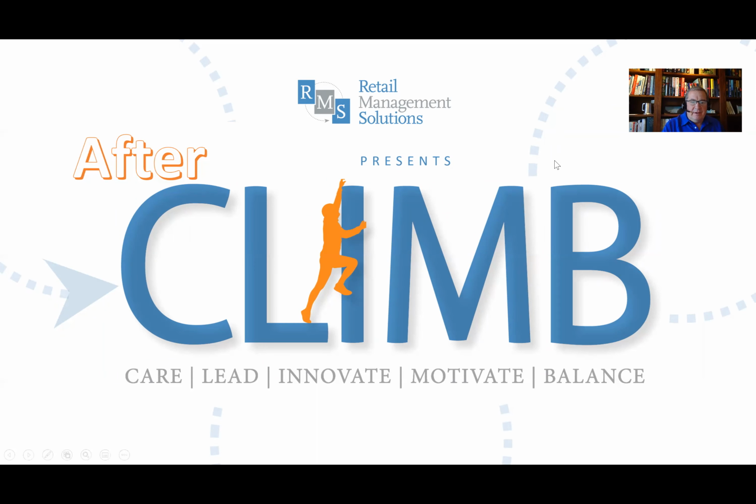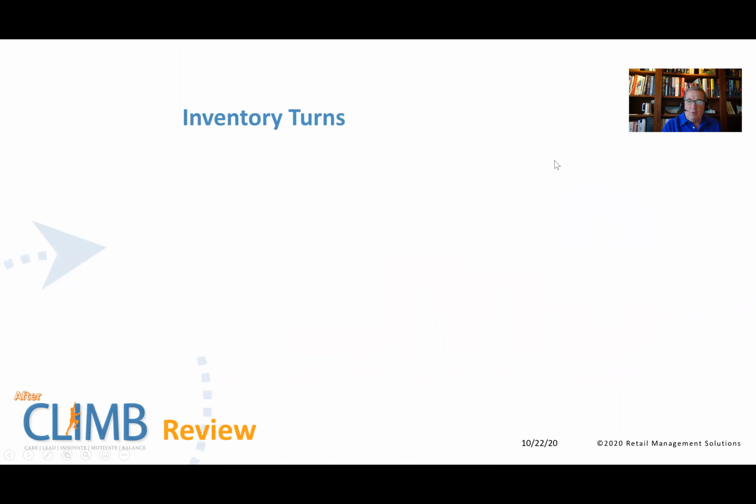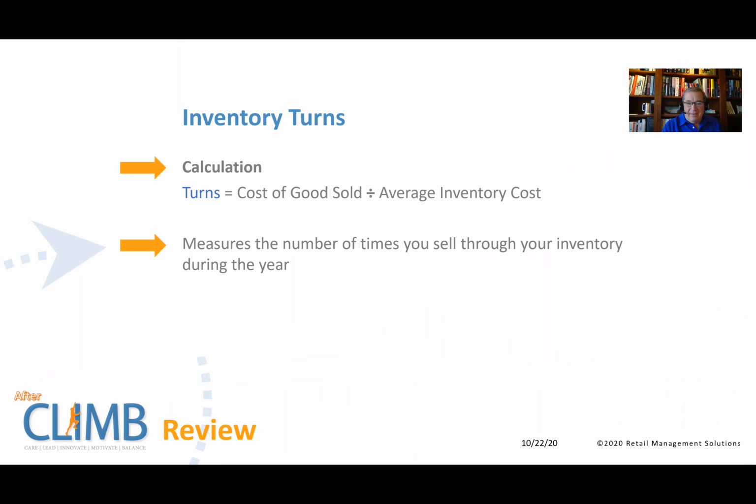So let's get started. First, I want to do a quick review of a couple of the terms I talked about last time. Inventory turns, an important calculation: turns equal the cost of goods sold divided by the average inventory cost. That's the number of times you sell through your inventory during whatever period you're looking at, and we usually look at that over the course of a year.